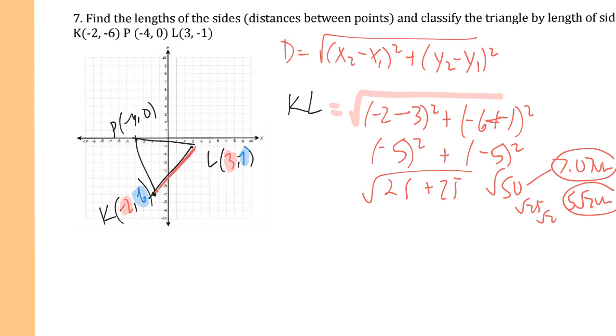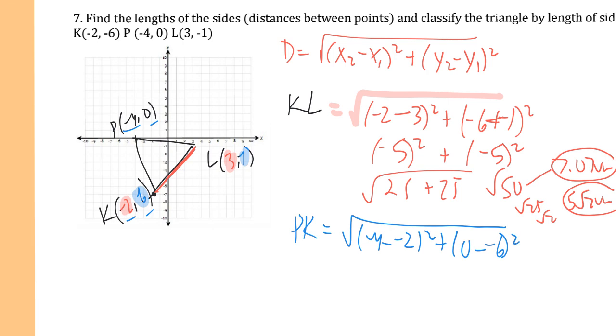So to find the distance between another 2 points, like KP or PK, you're going to subtract the 2 x's. The x's here are -4 and -2. So -4 subtract -2, squared. Subtract the 2 y's, which are 0 and -6. So 0 minus -6, squared.